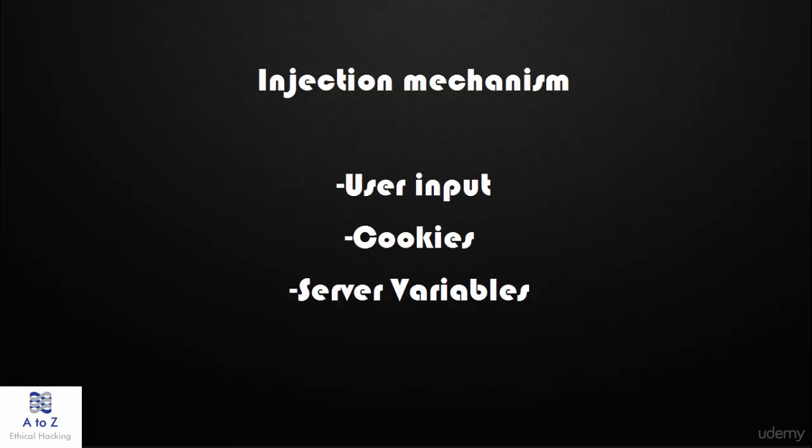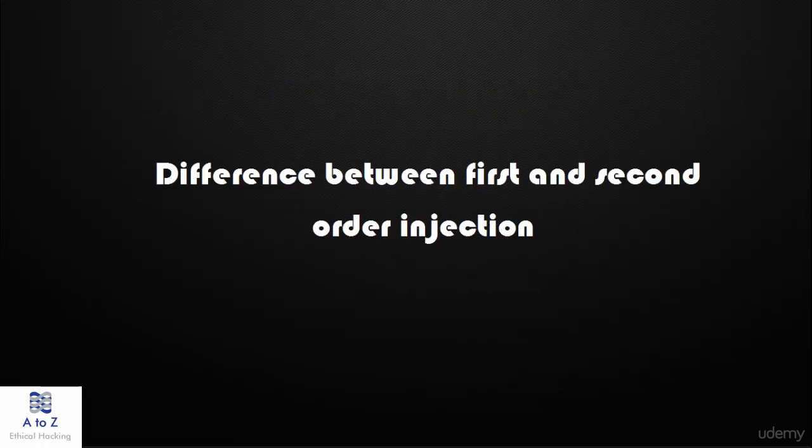To understand second order injection, we have to see the difference between first order injection and second order injection. In first order injection, the application processes the input, causing the attacker's injected SQL query to execute. But in second order injection, the application stores the input for future use, that is in a database, and responds to the request.